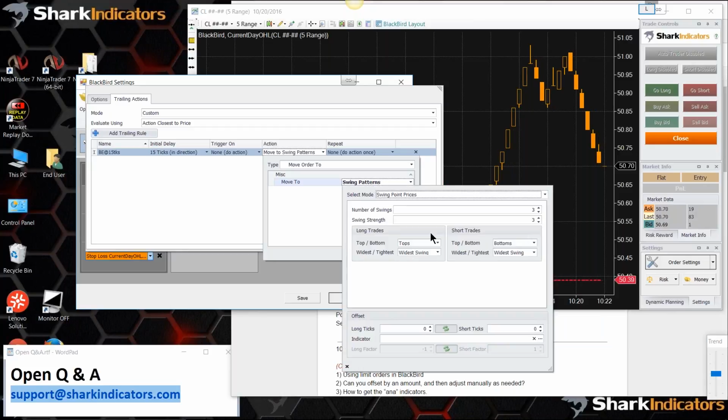Let's open this up. You'll definitely have to put the swing high-low indicator on your chart and play with the indicator settings to determine what number of swings works and what the best swing strength is that you want to use.